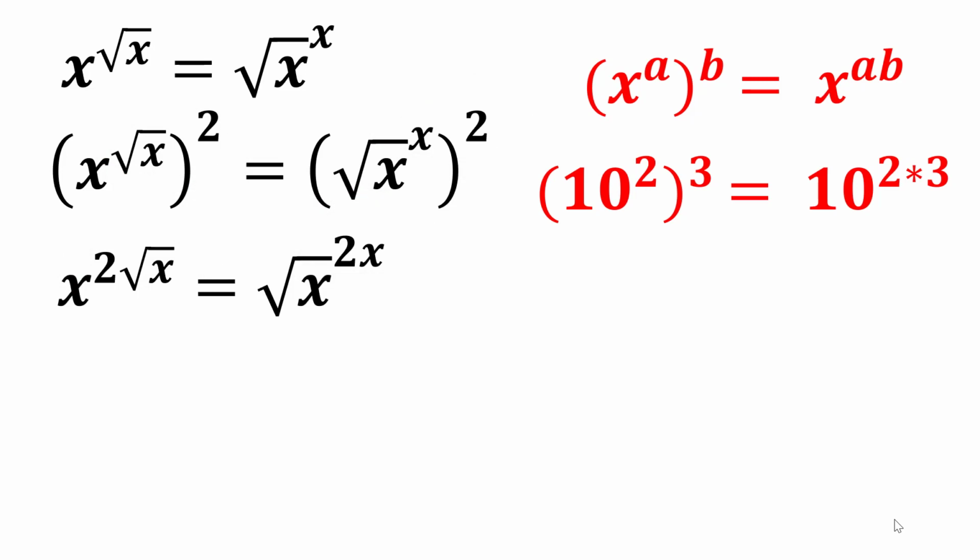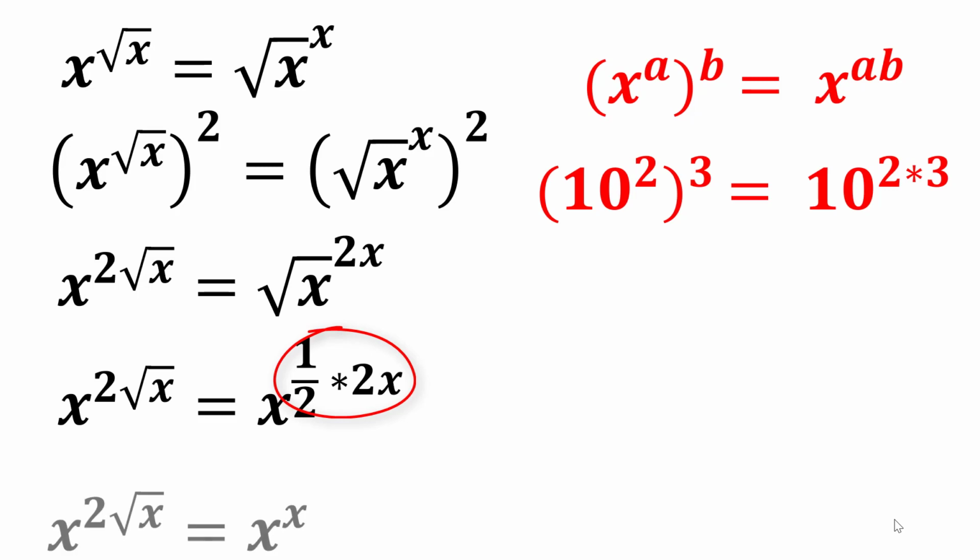Apply this only in the RHS so that we can cancel 2. So the equation becomes x to the power 2 root x equals x to the power 1 by 2 into 2 into x. After solving, the equation becomes x to the power 2 root x equals x to the power x.